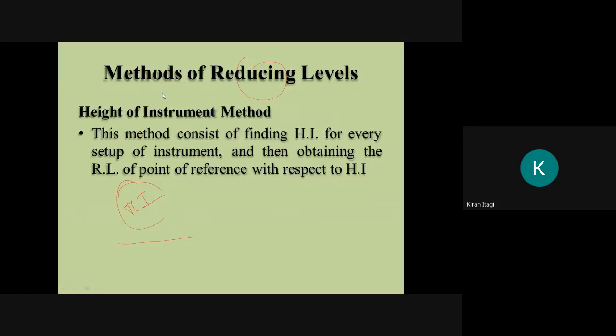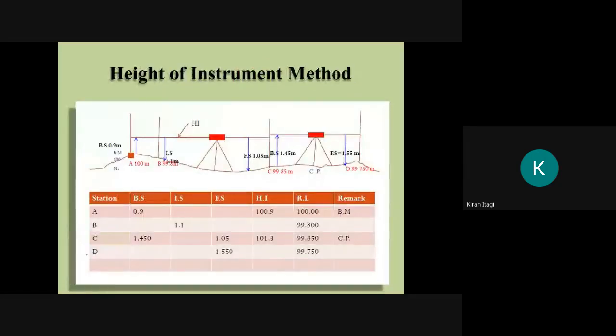So in the HI method, what we are doing is determining the height of the instrument. Then we will determine the RL at different points. In the last class I have already explained how we will determine the RL at the different points.